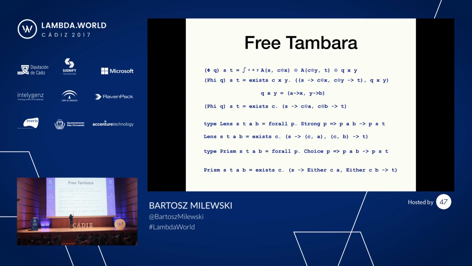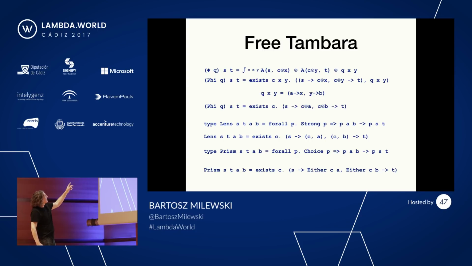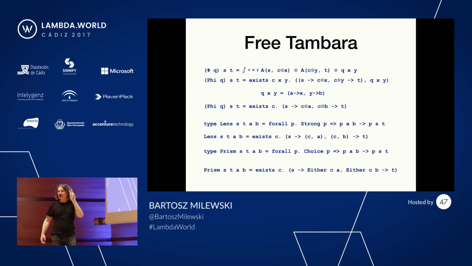Okay? So I get phi QST exists C, and I'm just left with this pair of functions from S to C cross A, from C cross B to T. Okay? And now I'm just rewriting this formula for two different tensor products.